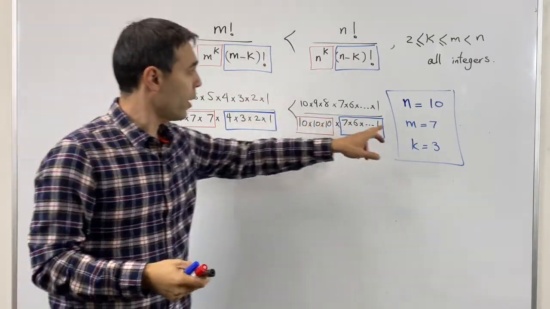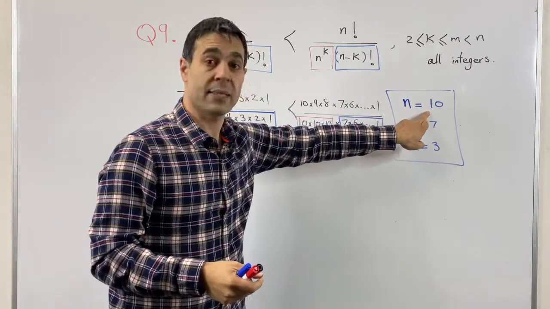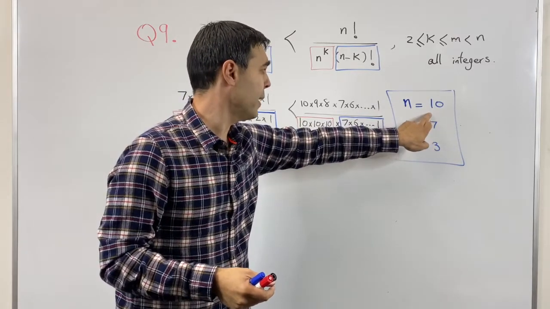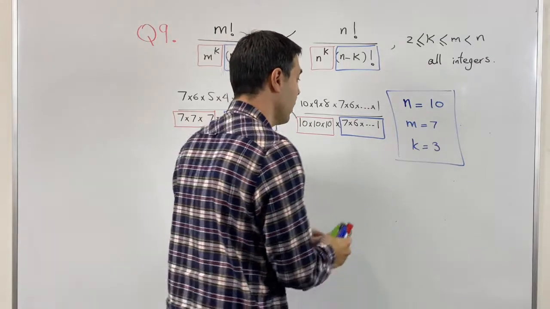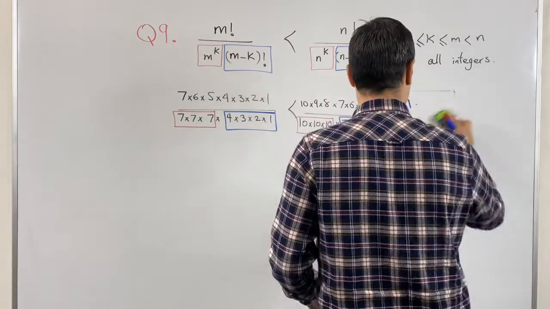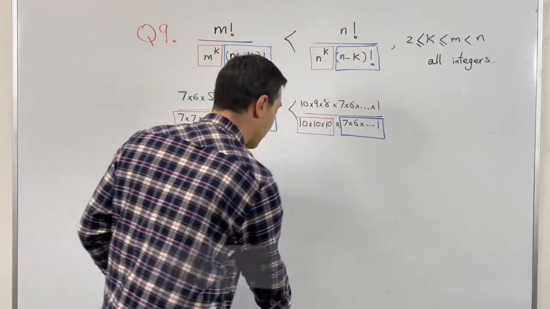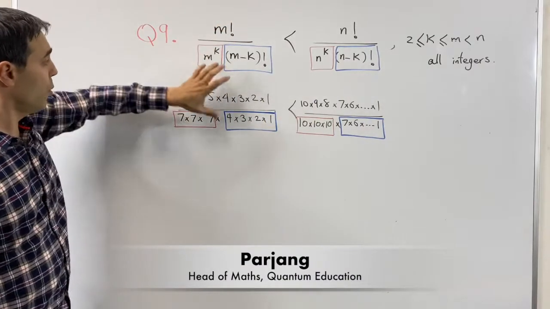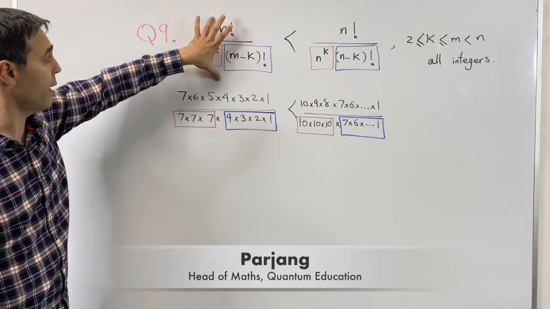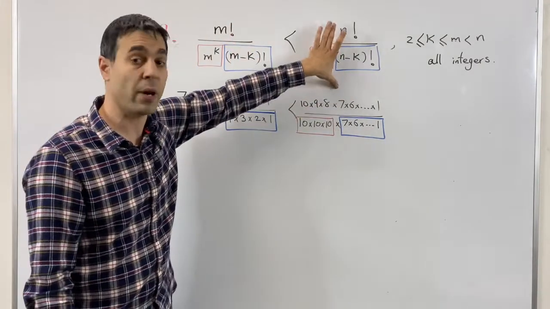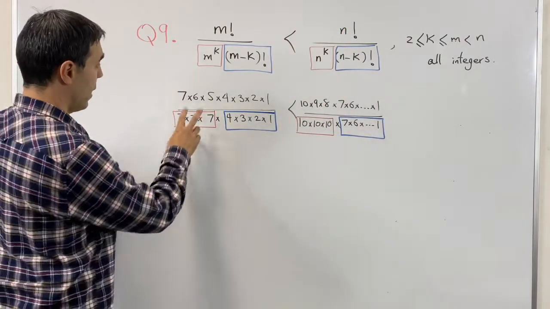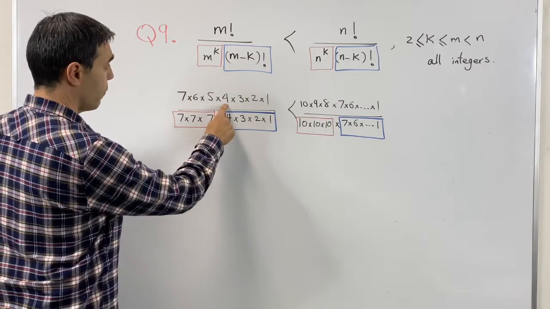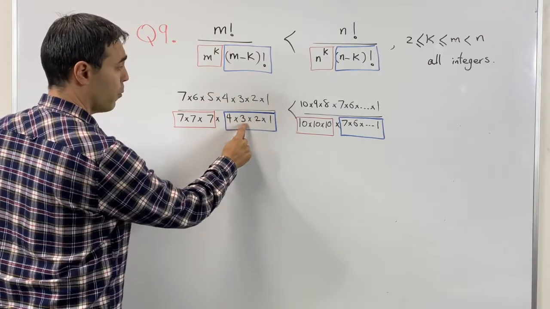Okay, so what I did, I plugged N is 10, M is 7, and K is 3 into this equation. And then what I want to see is what happens. Okay, so this is the left-hand side, and this is the right-hand side of the inequality. Let's see what happens. As you see, 4, 3, 2, 1, 4, 3, 2, 1.